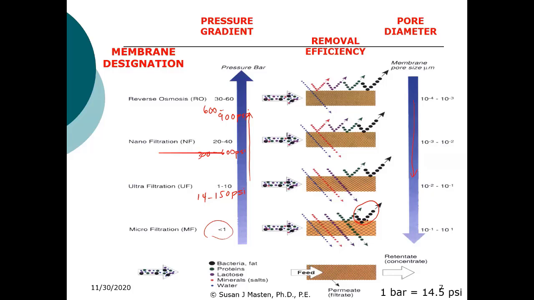We move to ultrafiltration, and now we're starting to remove proteins. We're going to remove bacteria, cryptosporidium, oocysts. Pressure is increasing, but we can remove more of the contaminants. We can also remove some viruses.